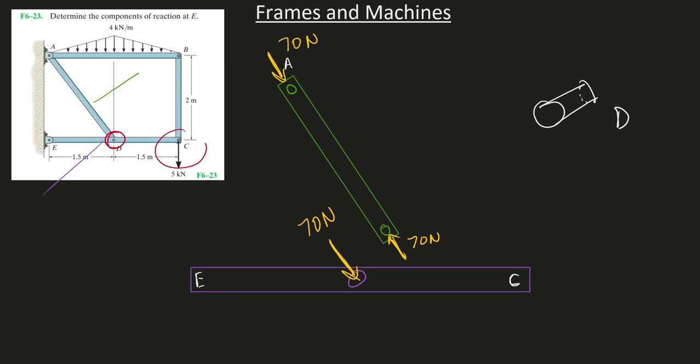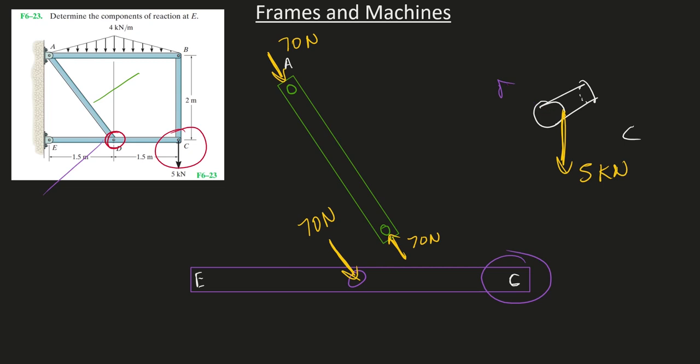Check this out right here. What we have is a pin C that has three things acting on it. It has this 5 kilonewton external force acting on it. We have the point of contact with our purple member, so that's going to be some sort of force with two components.